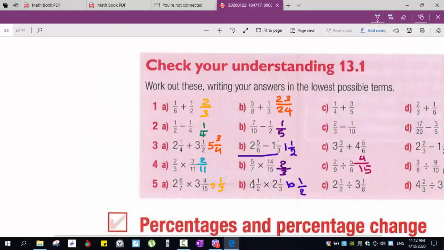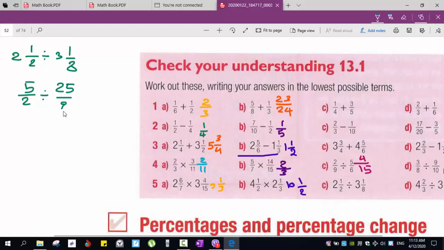Change the division problem into a multiplication problem and do the multiplication. 2 1 over 2 divided by 3 1 over 8. The first thing we do is write this in improper fractions. 2 times 2 is 4, plus 1 is 5. 5 over 2 divided by 8 times 3 is 24, plus 1, 25.